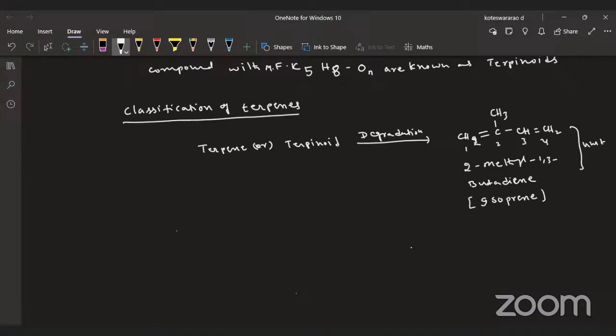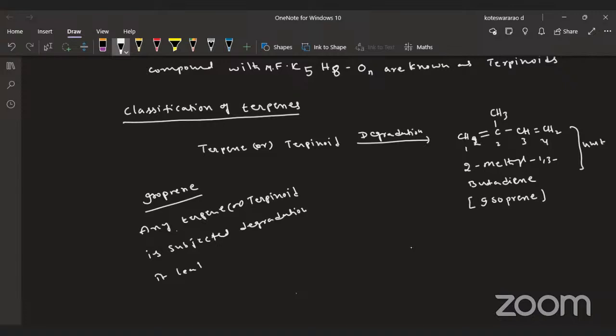Now, the isoprene rule. What is the isoprene rule? If a terpene or terpenoid is subjected to degradation, it leads to produce isoprene as the major product.